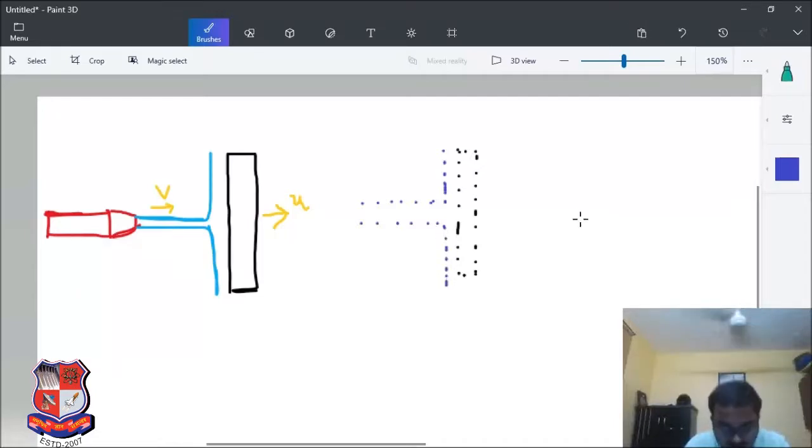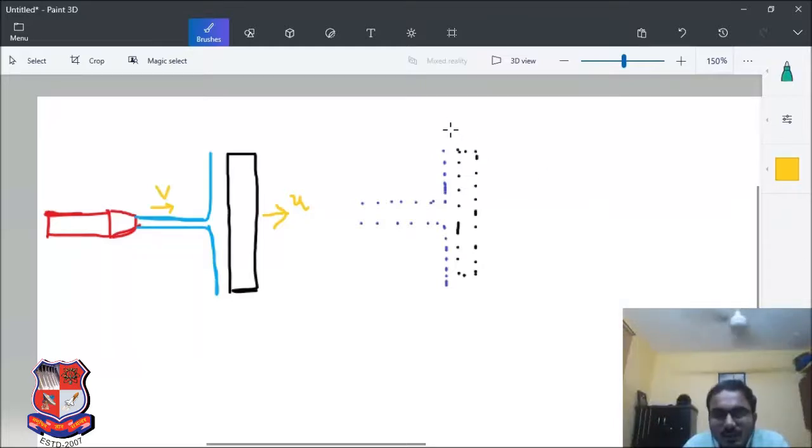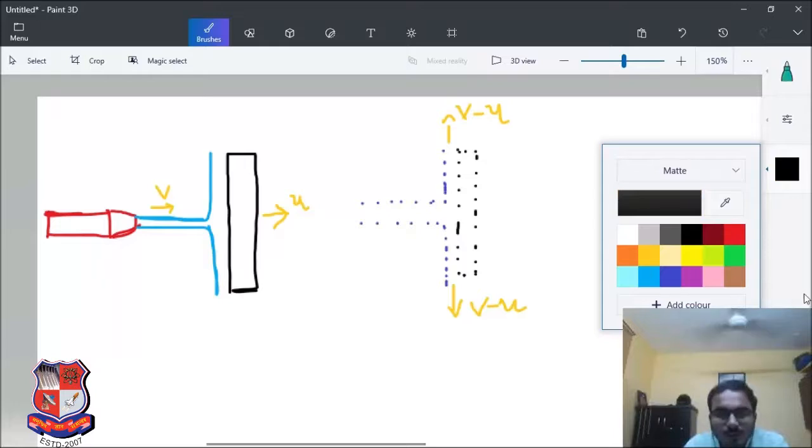So now you need to consider that the water cannot exit with the velocity v, because now the velocity with which it is exiting will be different on both the sides, and that will be v minus u for both the sides. Okay, v minus u. So this is the simple explanation of this case.